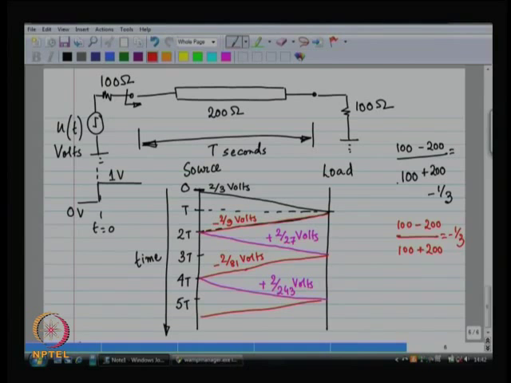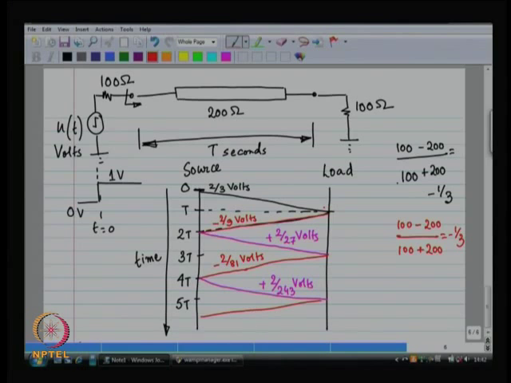All right. So, at a given time, let us say at time t, if I observe the load at a time t minus a little bit, I get nothing. So, at this point of time, at the load, the voltage is 0 volts.